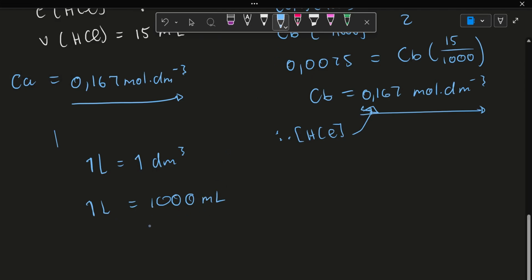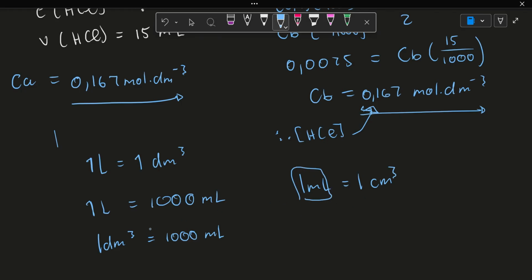And you can also then say, since this is true, 1 cubic decimeter is equivalent to 1,000 milliliters. What else? You also need to know that 1 milliliter is equivalent to 1 cubic centimeter.